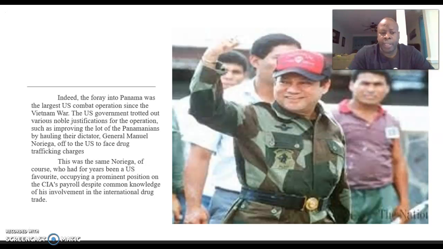The U.S. claimed that Noriega was a dictator and a threat to U.S. interests in Panama and also back home in the U.S. So, in order to get him out of power, the U.S. wanted to indict him back in the United States for drug trafficking and many other drug related incidents that affected the U.S.